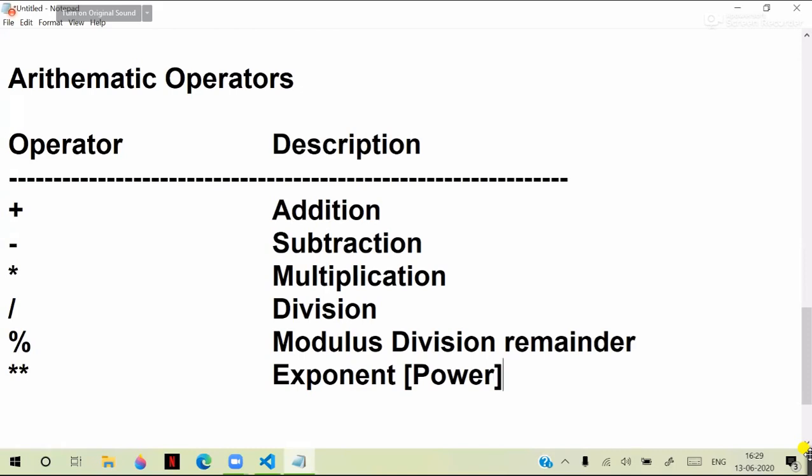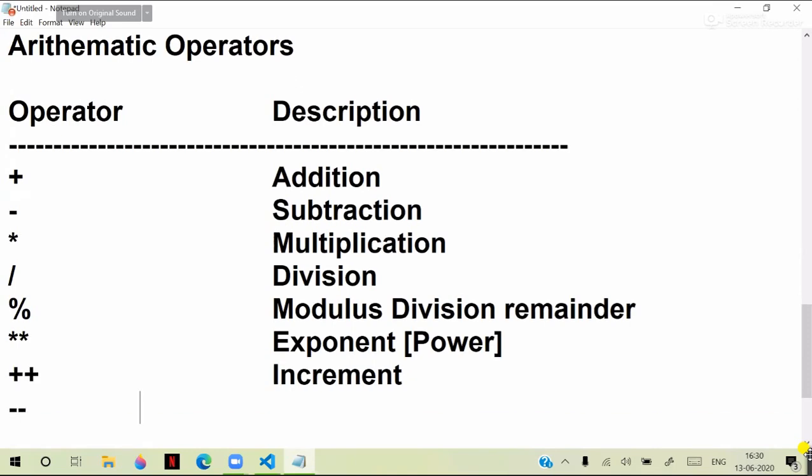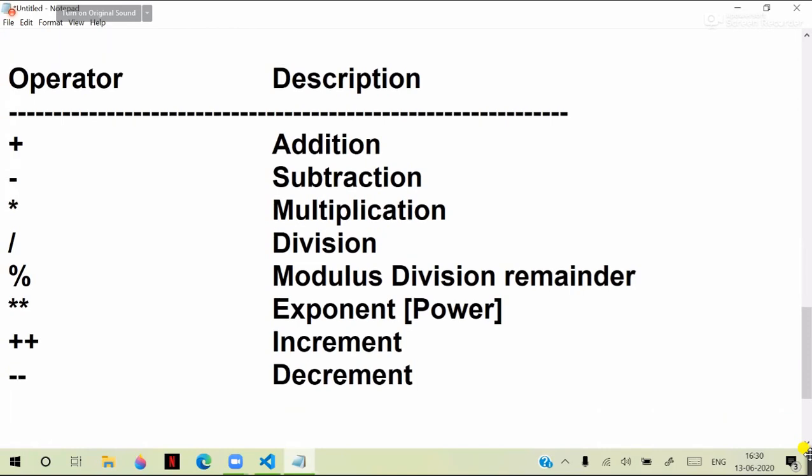And we have plus plus, this is increment, and we have minus minus, this is decrement. These are important, and I don't need to explain addition, subtraction, multiplication, division. Everyone knows about that. Anything different and important, we will discuss. So here the first one newly added is exponent, power.